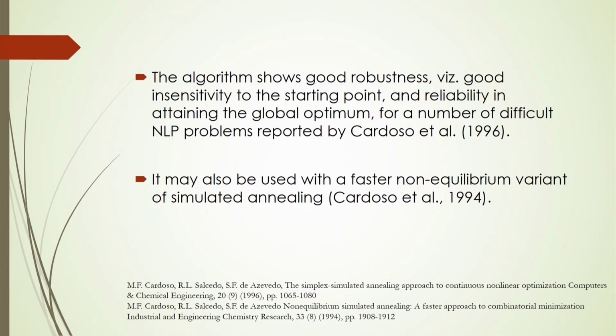1996. It may also be used with a faster non-equilibrium variant of the simulated annealing program, which has good insensitivity to the starting point and reliability in attaining the global optimum solution. Now, the MSIMSA algorithm was developed by Cardoso et al. in 1997.